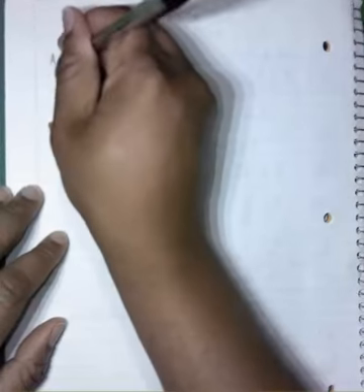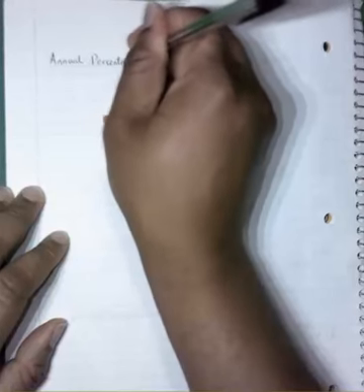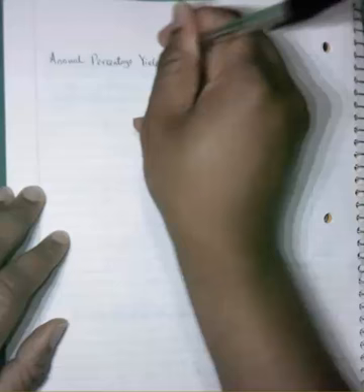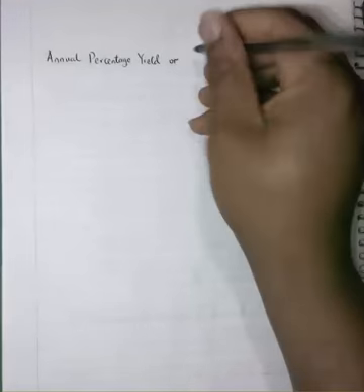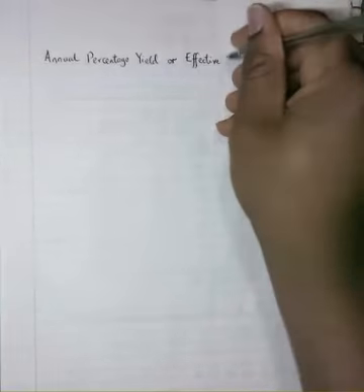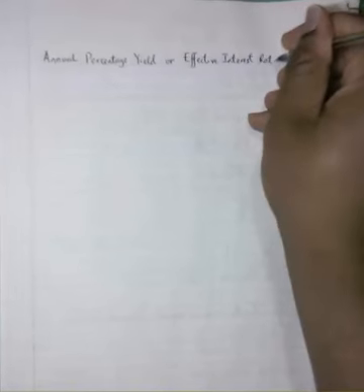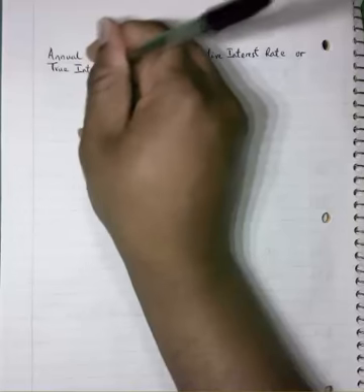Annual percentage yield, or some textbooks will write it as effective interest rate, or some textbooks will write it as true interest rate.